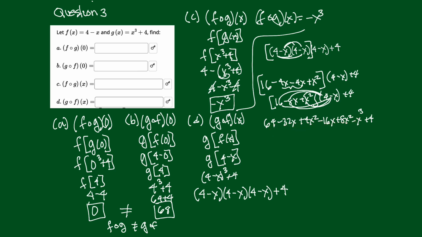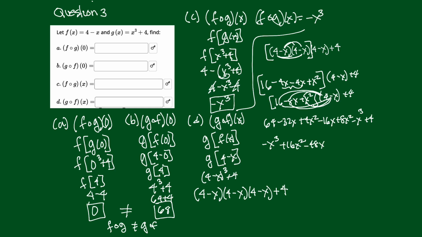I've just got one. Negative x cubed. Now what about x squareds? I got 4 here, and I'm going to add 8 of them. So I've got 16 of those. So plus 16x squareds. Then what about x's? Negative 32 and minus 16 is minus 48 x's.